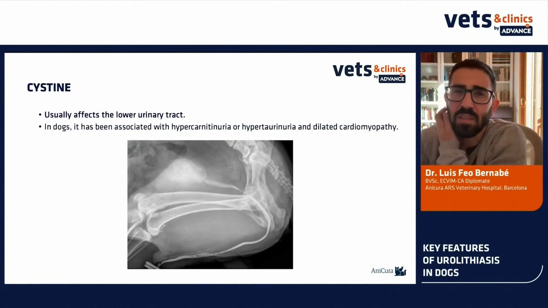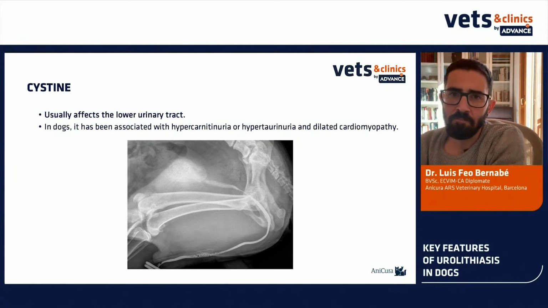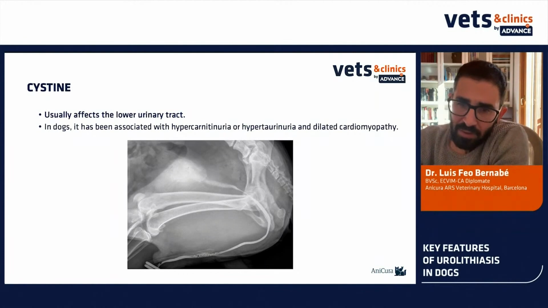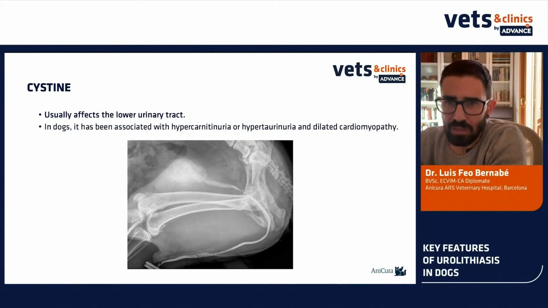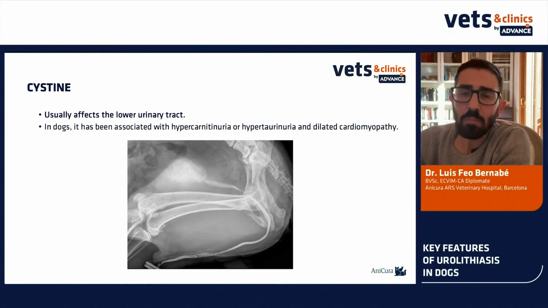What we know is that cystine usually affects the lower urinary tract. In dogs, this has been associated with hypercarnitinuria or hypertaurinuria. So these amino acids are decreased in some dogs, and sometimes this can cause dilated cardiomyopathy. This is not the most frequent situation, but sometimes it can happen.